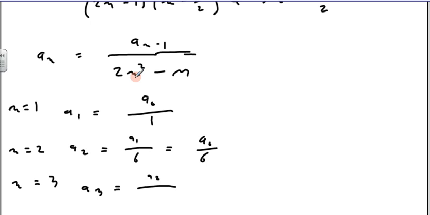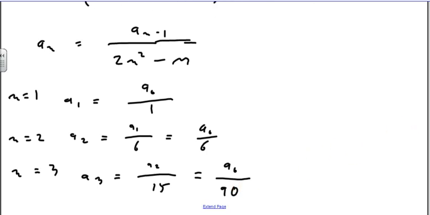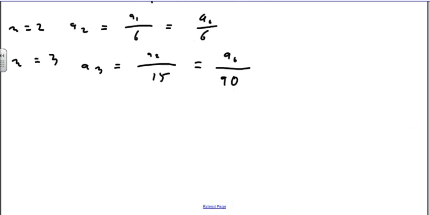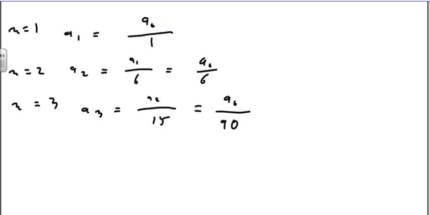Times 2 is 18. Minus 3 is 15. So I'm going to have a0 over 90. Okay, and that might be enough to check, so we're going to check. I would probably have you on a test find a4 as well, just for the heck of it.